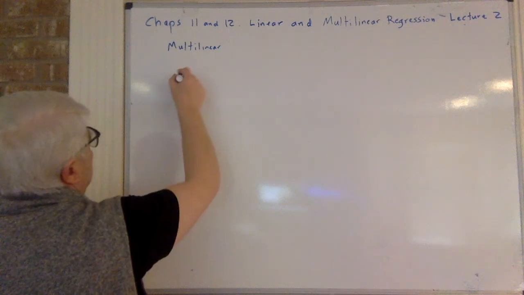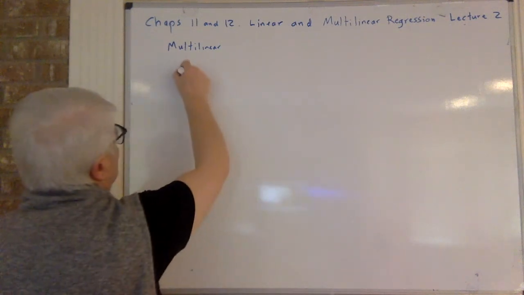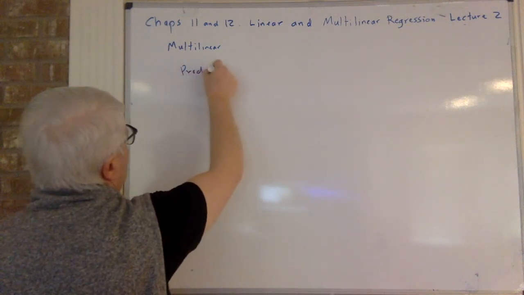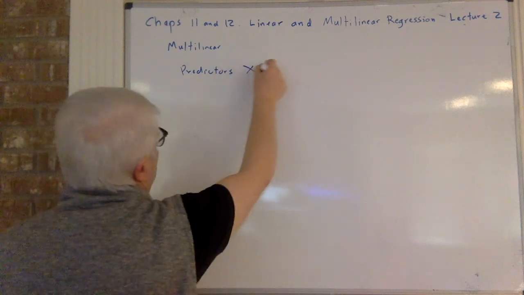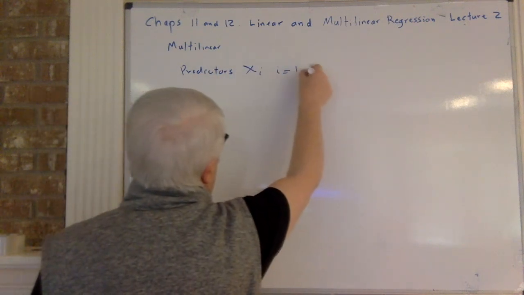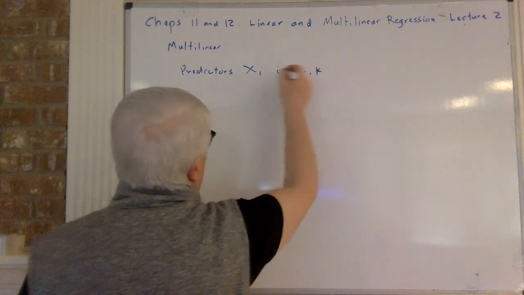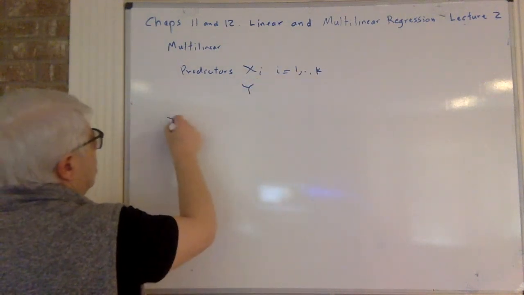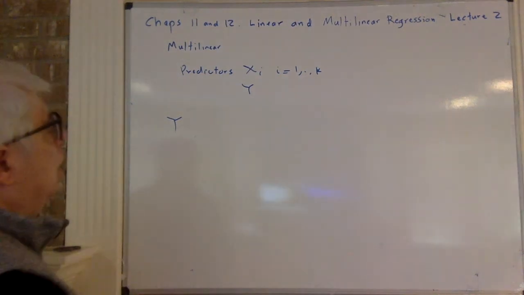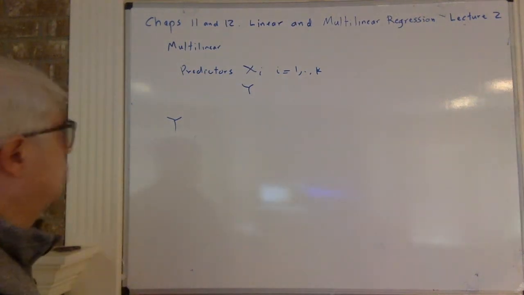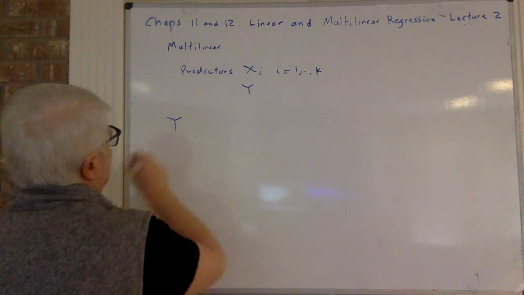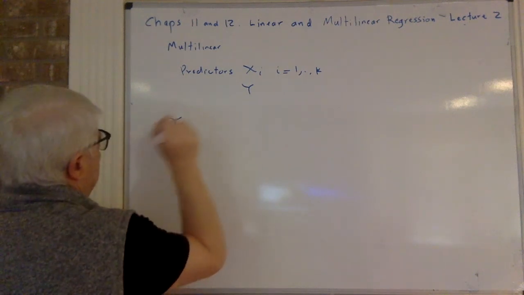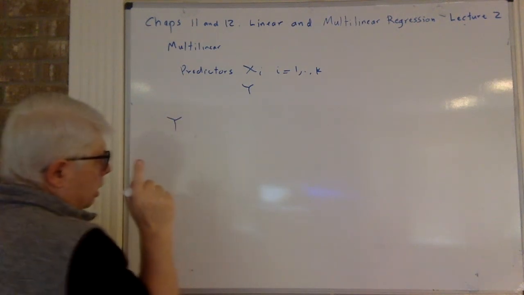So we have predictors x1, ..., xk, and y is just one y. We are predicting the value of y, and I'll explain this thing. This is the theory.